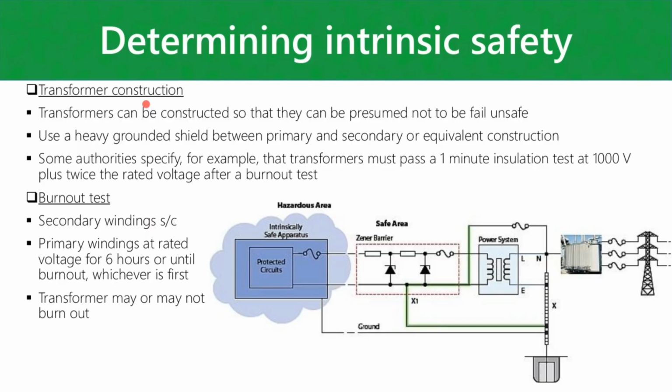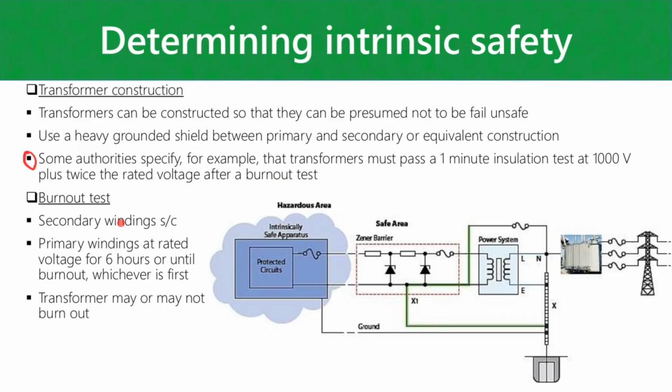Typically with transformers, they're usually used with heavy grounded shields between the primary and secondary windings or some form of equivalent construction. And in a lot of cases, I think in South Africa this is particularly the case, transformers must be able to pass a 1-minute insulation test at 1,000 volts plus twice the rated voltage after a burnout test.